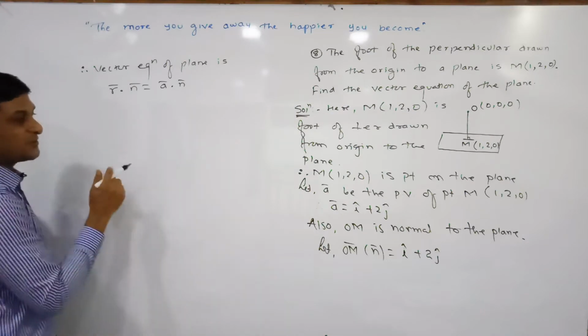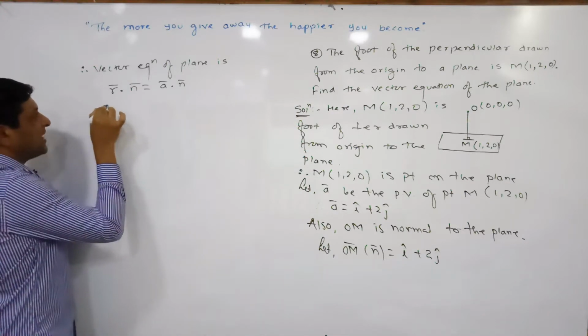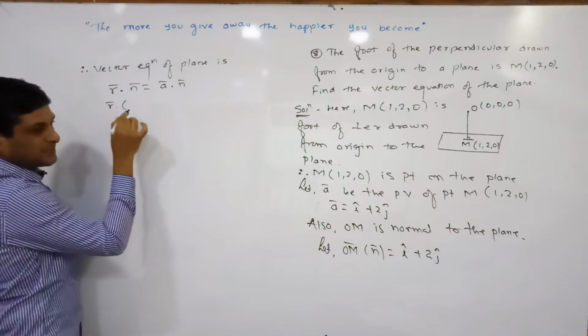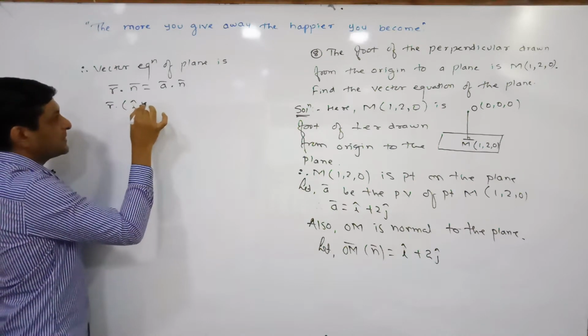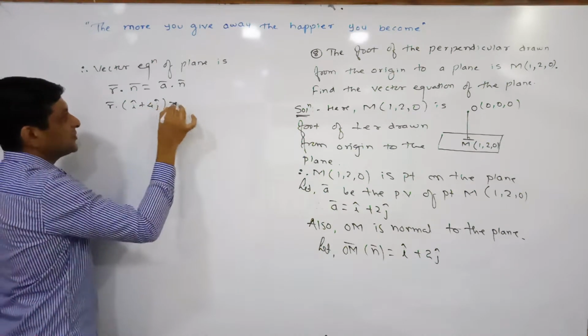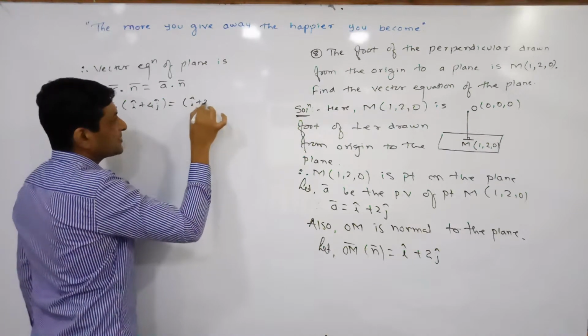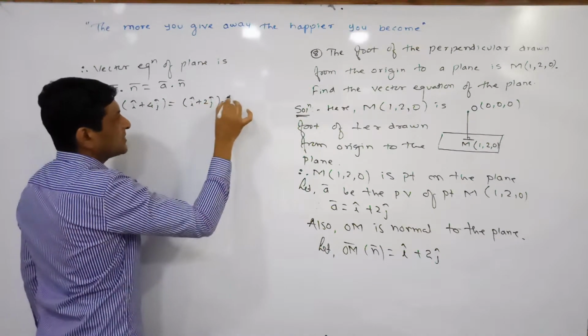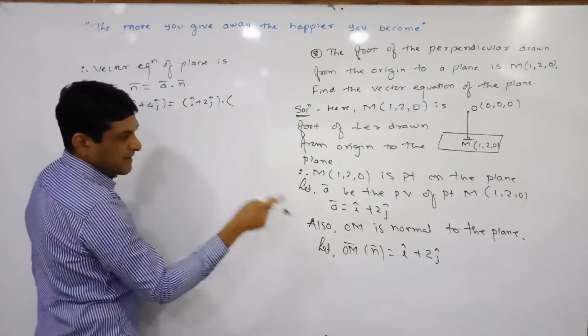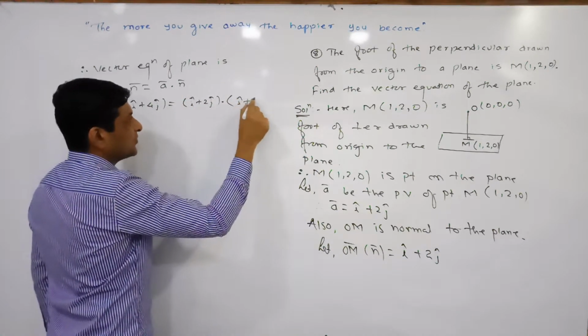So substitute all these values in this formula. So r bar dot n bar, what is the value of n bar? i cap plus 4j cap is equal to a bar. What is the value of a bar here? i cap plus 2j cap. Dot, keep it as it is, again replace n bar by its value i cap plus 4j cap.